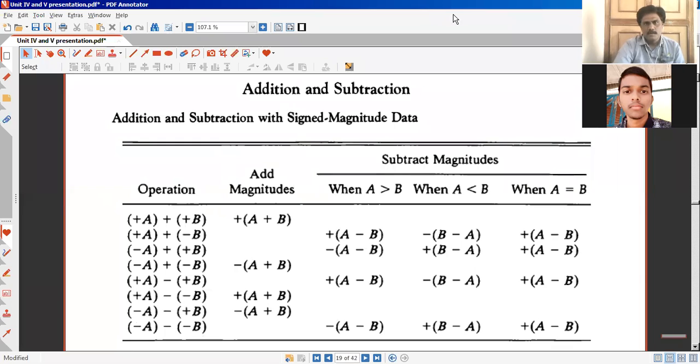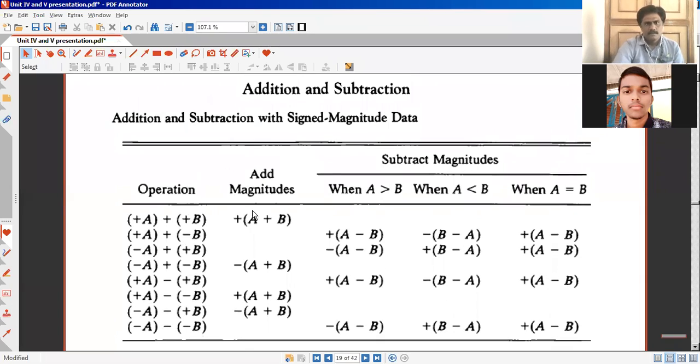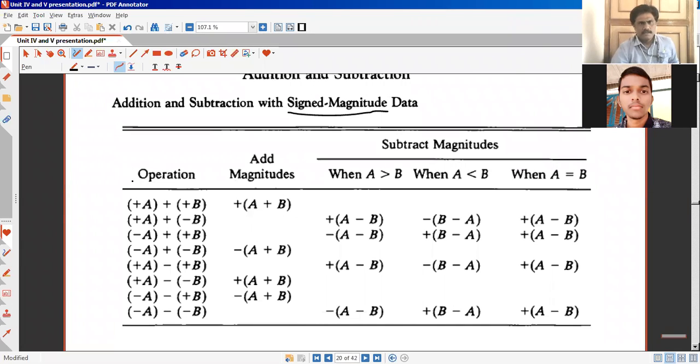So first we will discuss addition and subtraction. The first method we are going to study is the signed magnitude method. Let us say I'm going to add. What are the different types of data I can add?